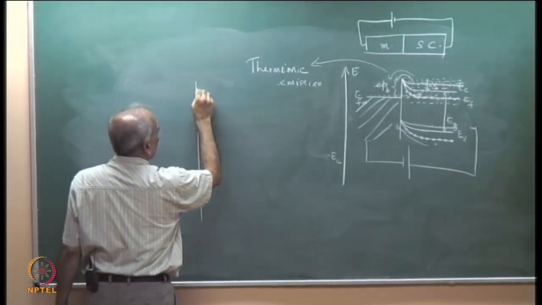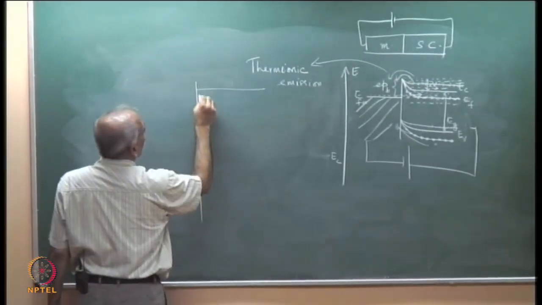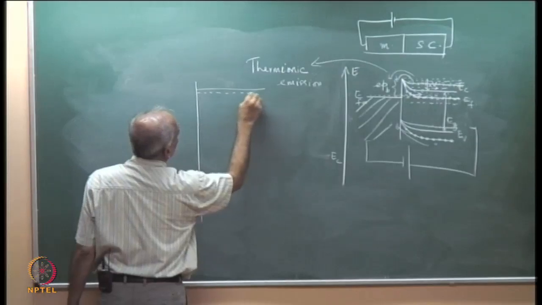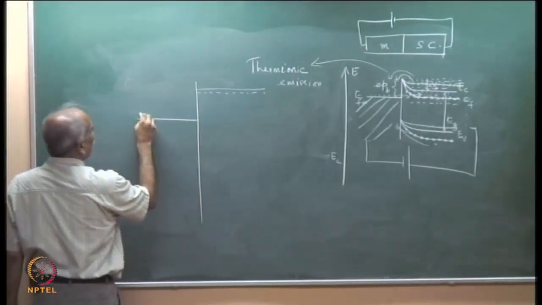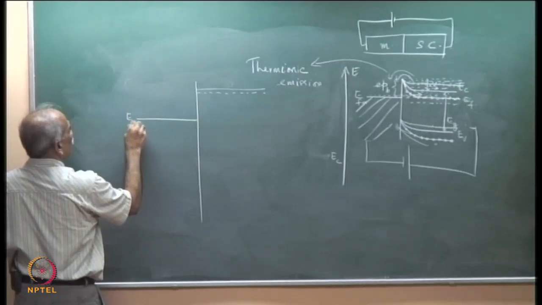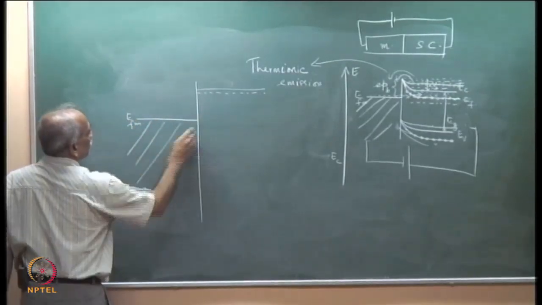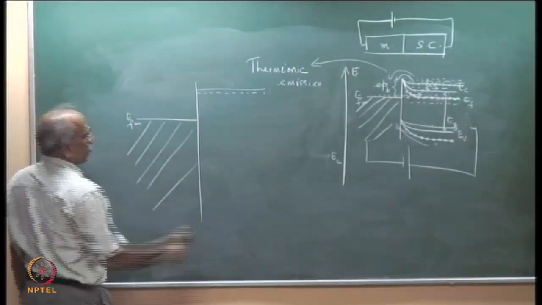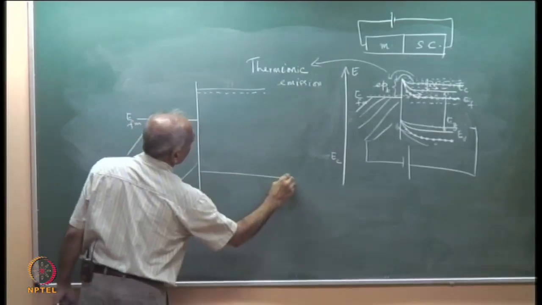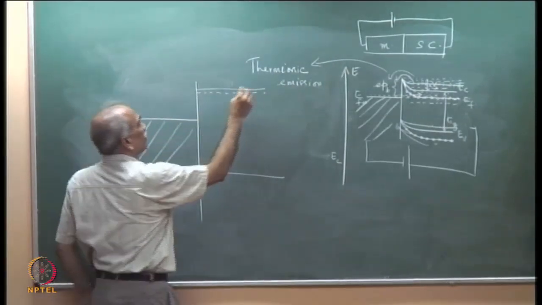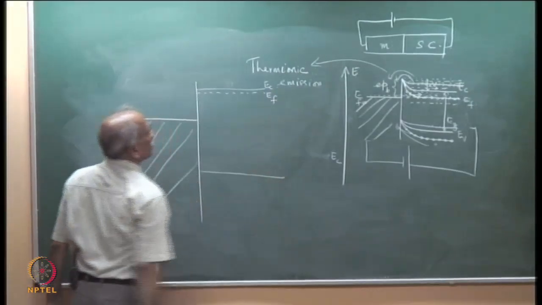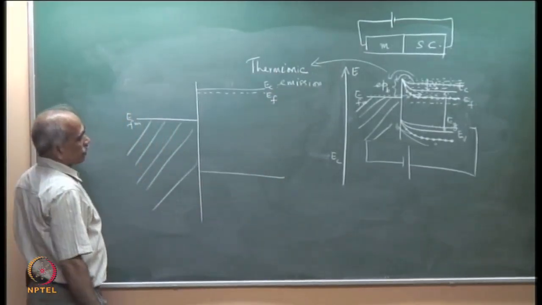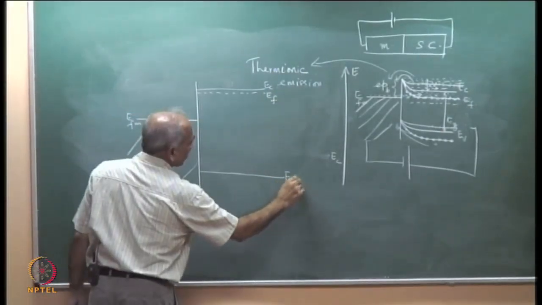We have the highly doped semiconductor, and here is the EFM of the metal, and EF of the semiconductor. So, this is EC, this is EF of the semiconductor, EV of the semiconductor.